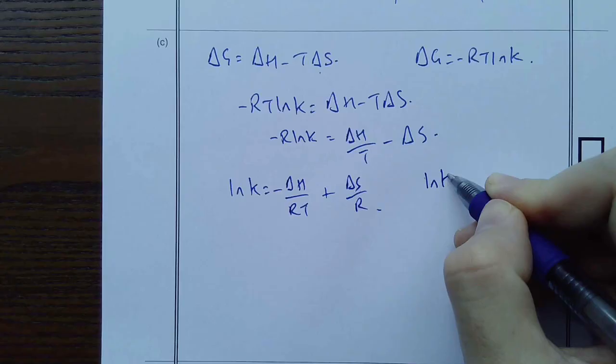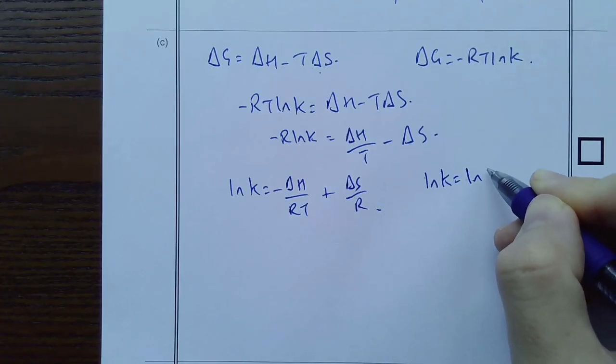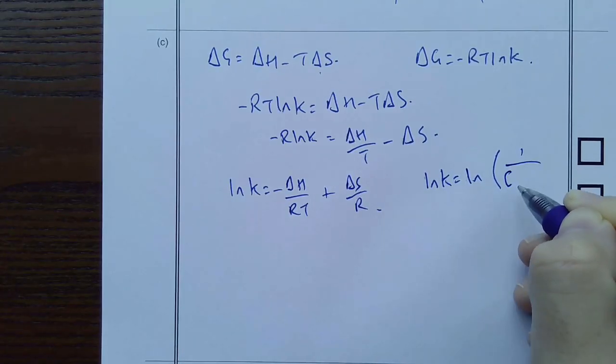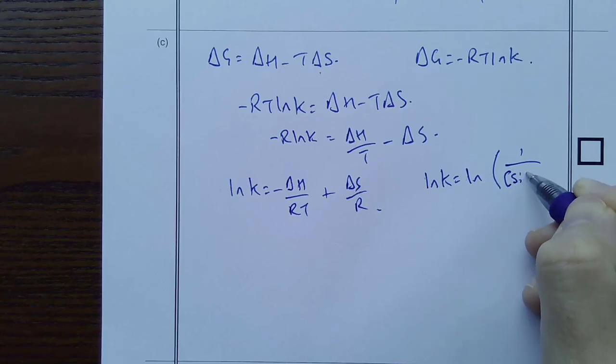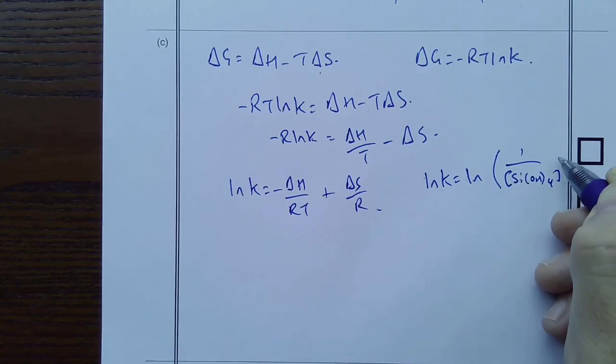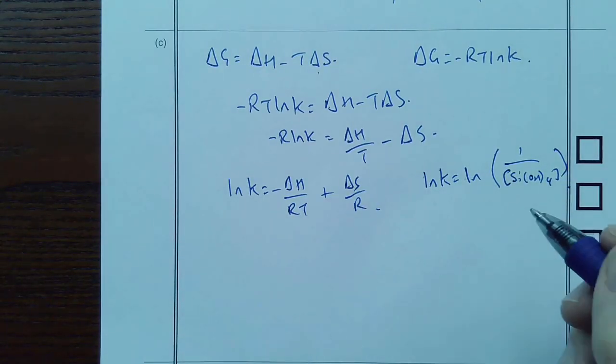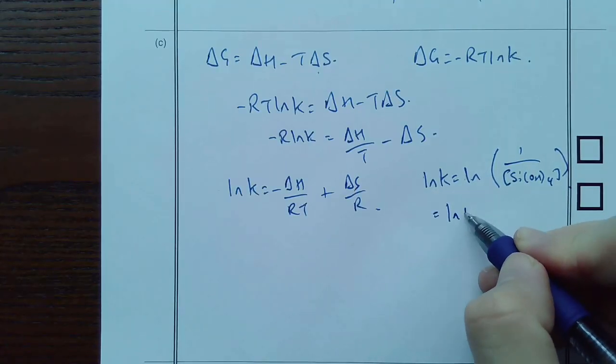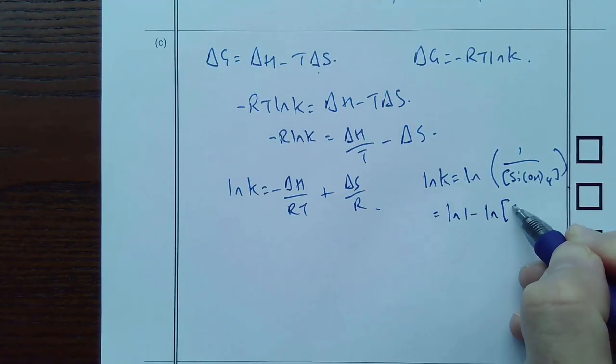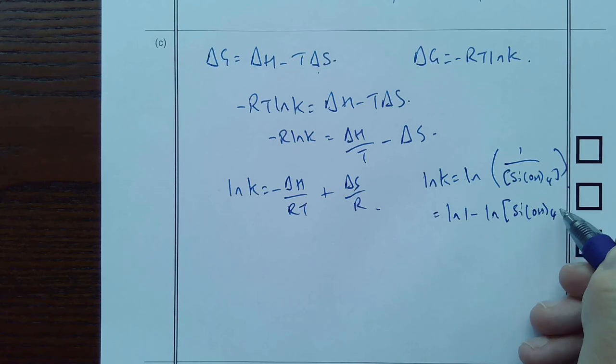So log of K equals log of 1 over the concentration of SiOH4, which is log of 1 minus log of the concentration of SiOH4.